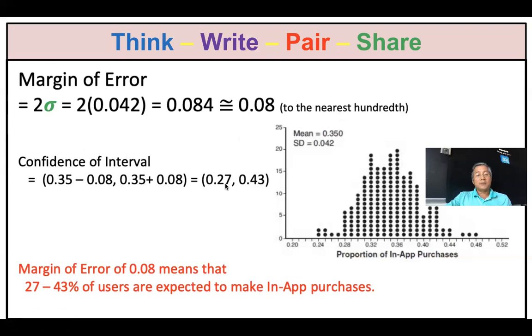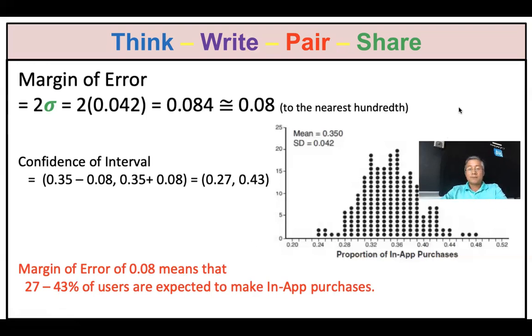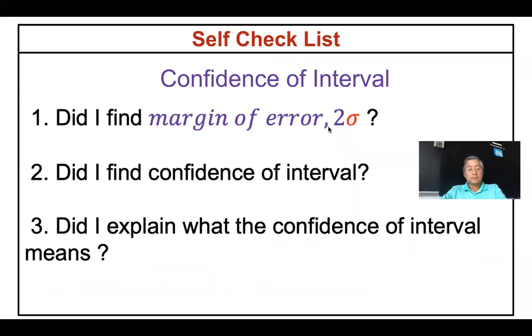So 0.27 through 0.43 is the confidence interval. So a margin of error of 0.08 means that 27 to 43% of users are expected to make in-app purchases. All right. So we'll stop here.